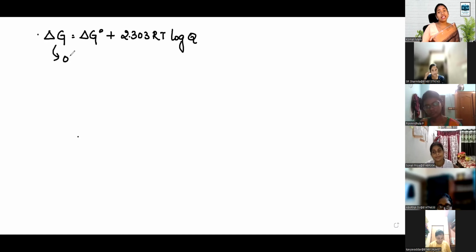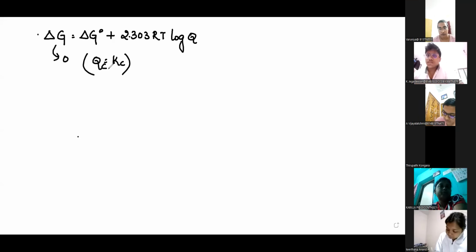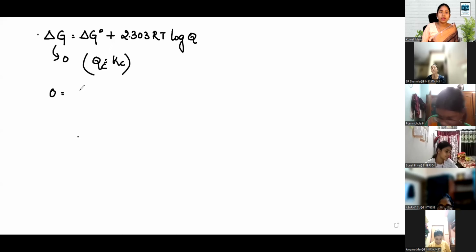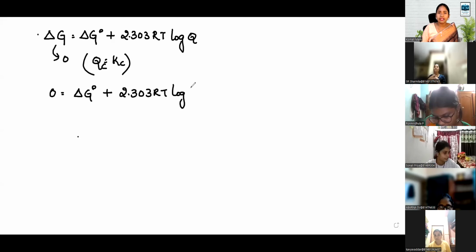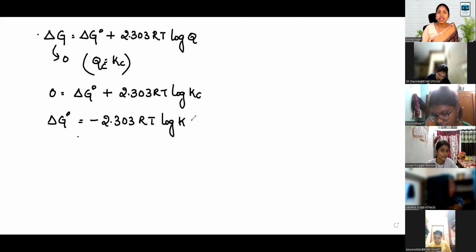When the reaction is at equilibrium, Q becomes Kc, where Kc means the equilibrium constant. So, 0 is equal to delta G naught plus 2.303 RT log Kc. So delta G naught is equal to minus 2.303 RT log Kc. This is the formula. Circle this formula, everybody.